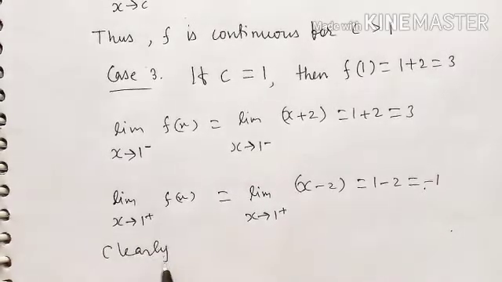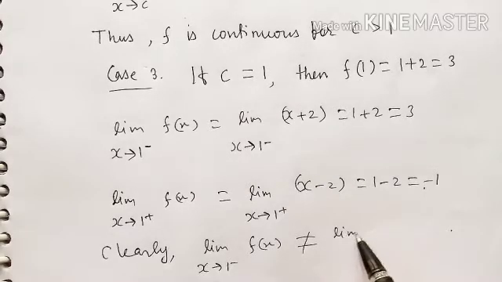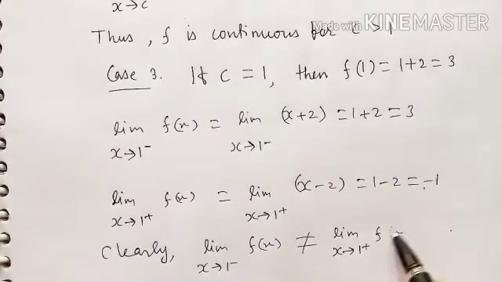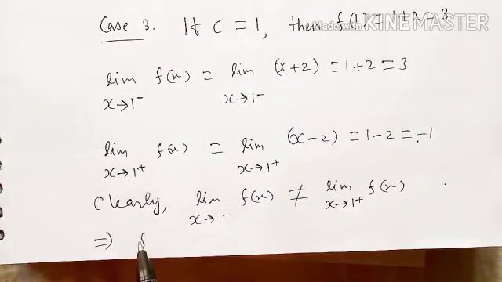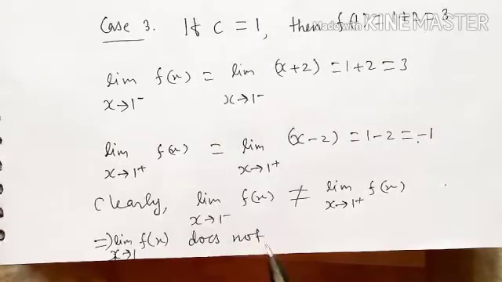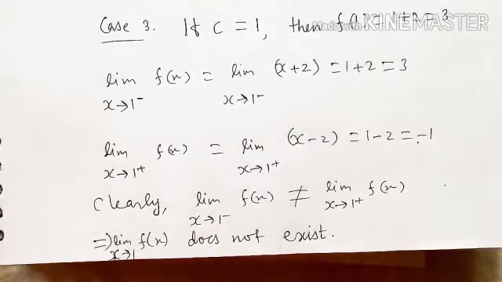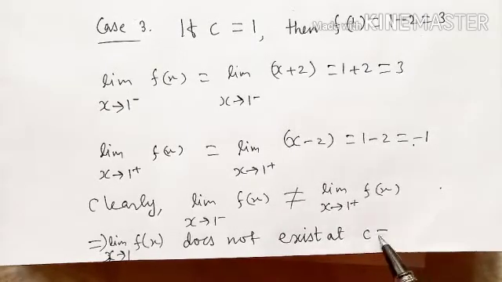Clearly, the left hand limit is not equal to the right hand limit. This implies that limit x tends to 1 of f(x) does not exist at c equal to 1.